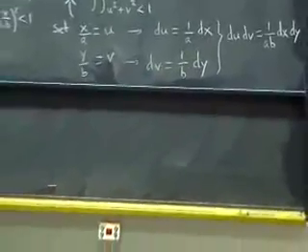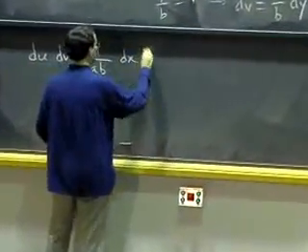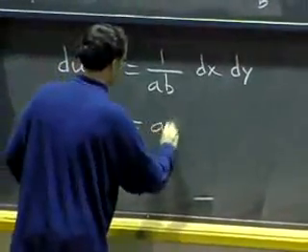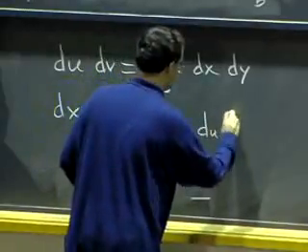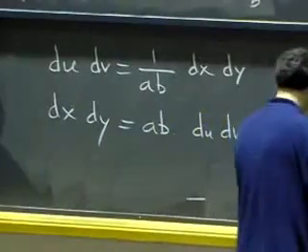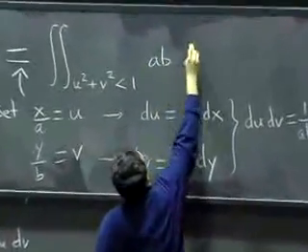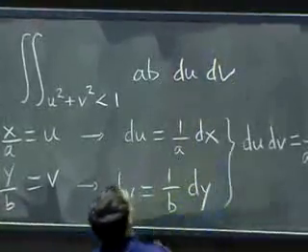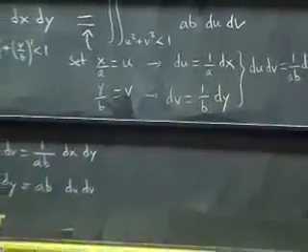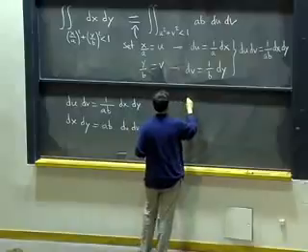I get du dv equals 1 over ab dx dy, or equivalently, dx dy is ab times du dv. So in my double integral, I'm going to write ab du dv.